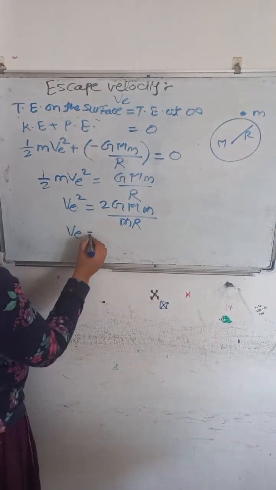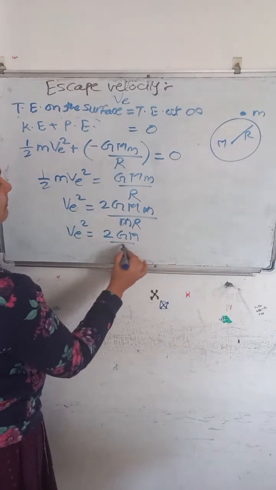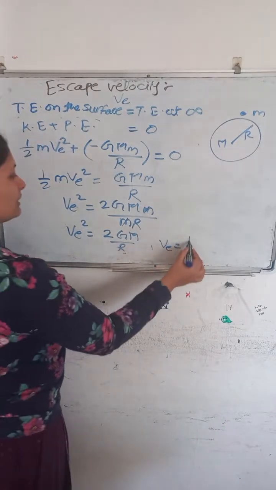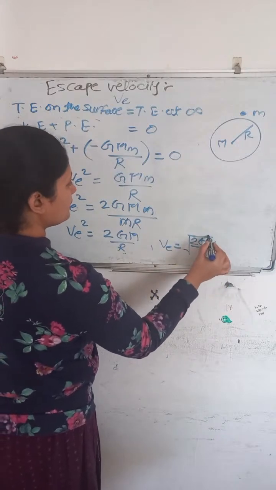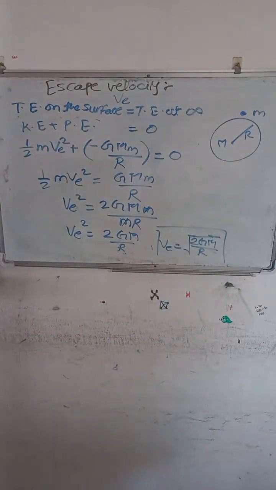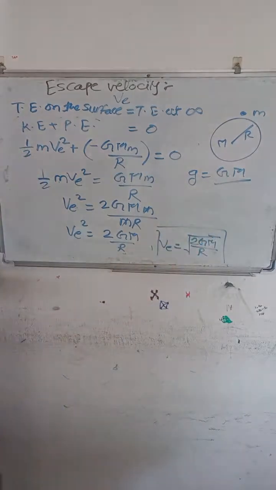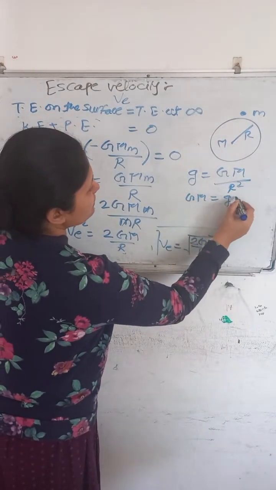So ve square is nothing but 2GM by R, and if you take the square root on both sides, you will get ve equals square root of 2GM upon R. This is nothing but escape velocity. We know that acceleration due to gravity, small g, is nothing but GM upon R square, so GM is equal to gR square.